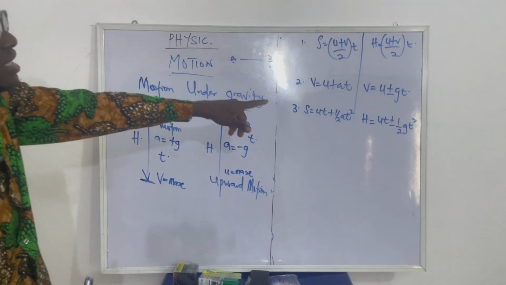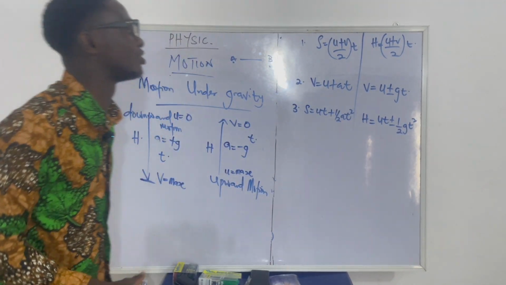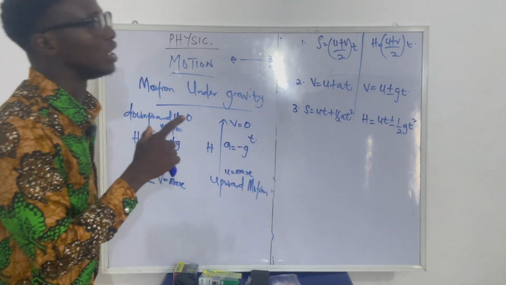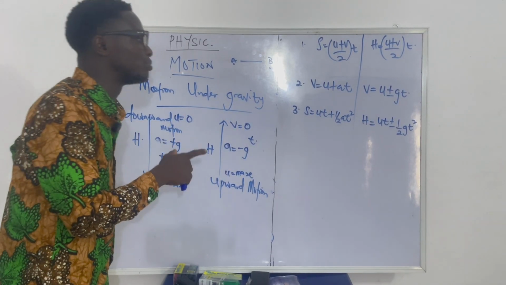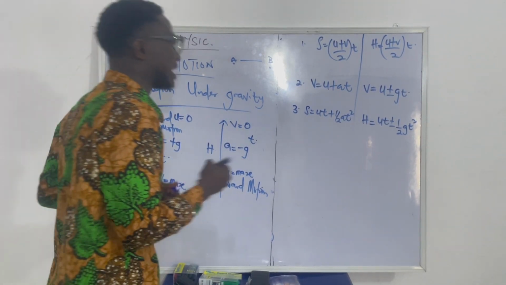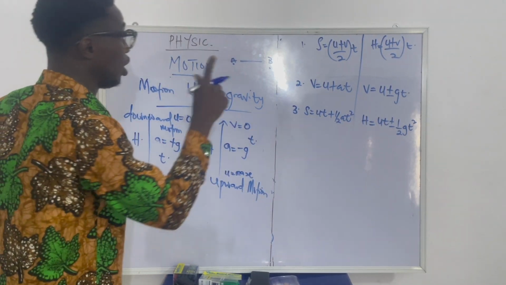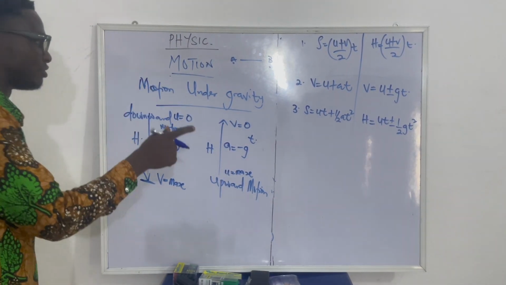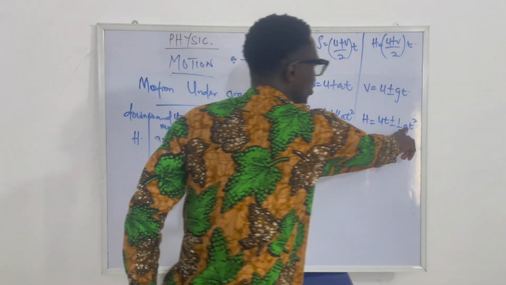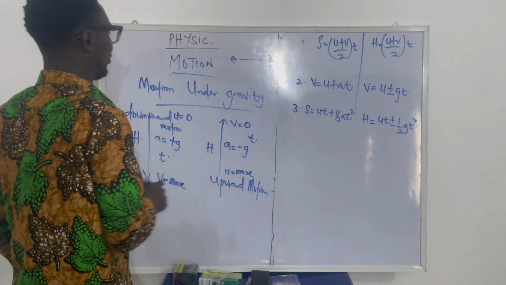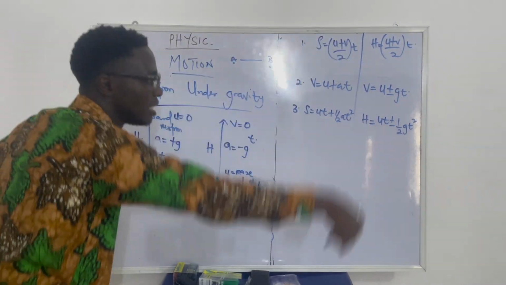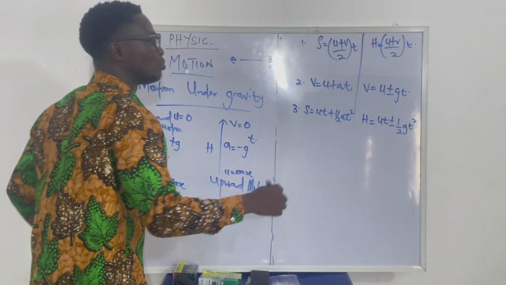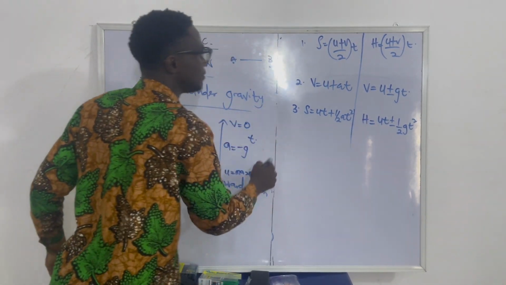I explained the reason why I'm putting plus or minus. For upward motion, the value of g will be negative. And for downward motion, because it's towards gravity, it will be positive.